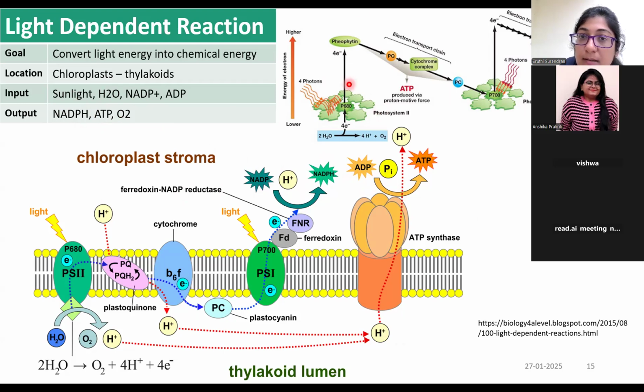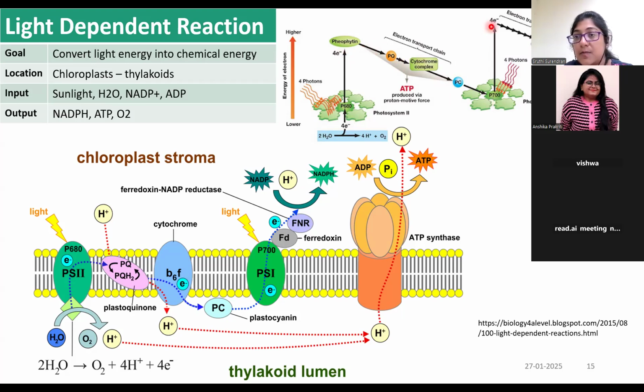Again, you can see this is a representation of the electron transport chain. Water is providing electrons into P680. P680 takes up photons from the light and the energy increases. This electron is transported across all these proteins and then reaches photosystem 1.